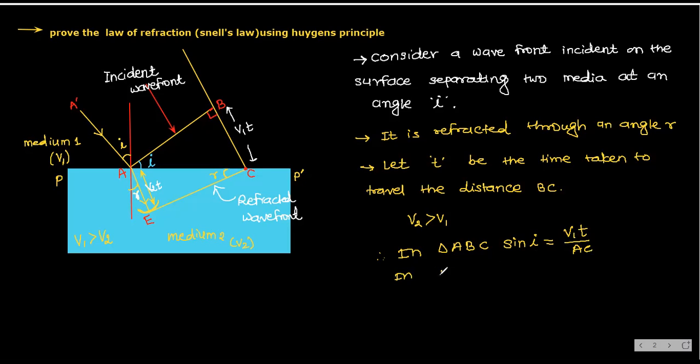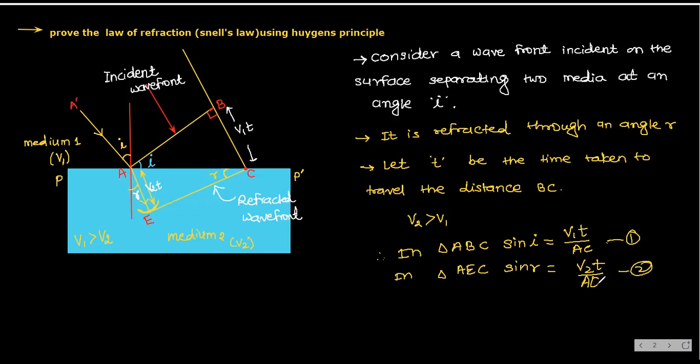Similarly, which triangle am I taking now? AEC, the lower one. AEC triangle. What are we getting? Sin R is equal to V2T divided by AC. Yes, this is your equation number 1. This is your equation number 2.